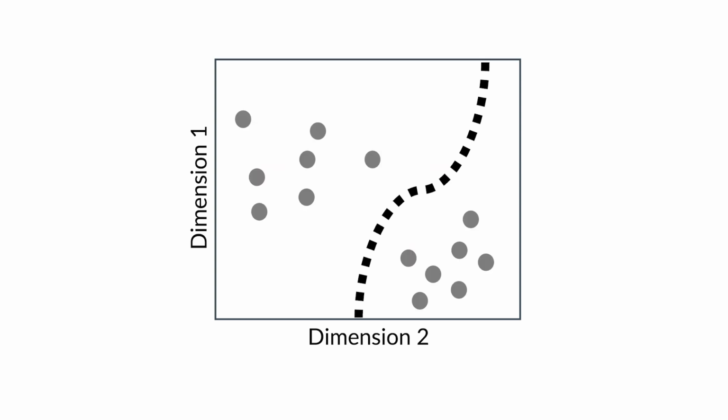And when new data comes, you will use that boundary to classify if the point is green or if the point is red. You may have a good guess or a bad guess, but importantly, you always know the true value of a data point. So you can know if you did a wrong guess or a good guess, and you can calculate the accuracy and the performance of your model.